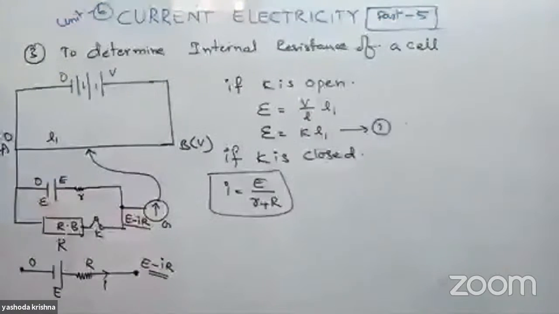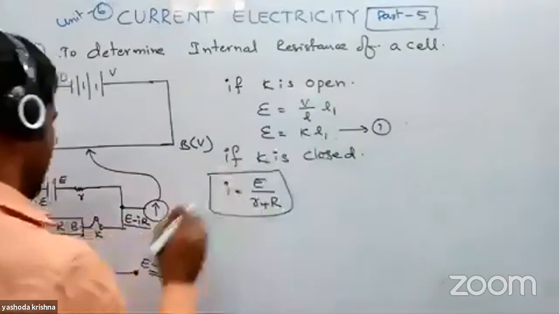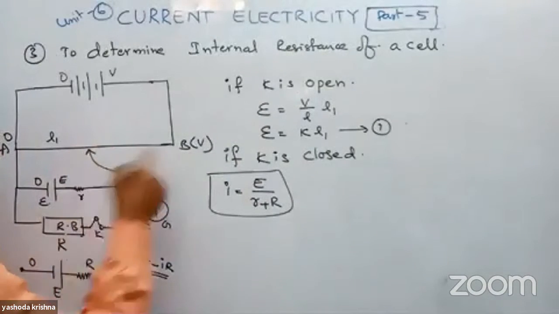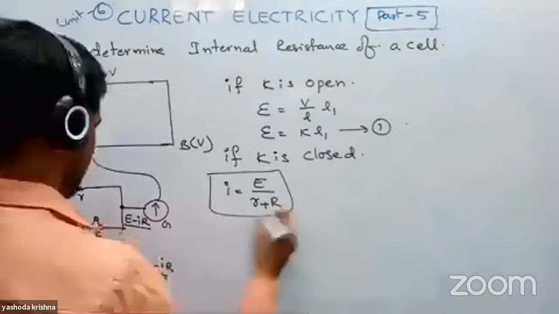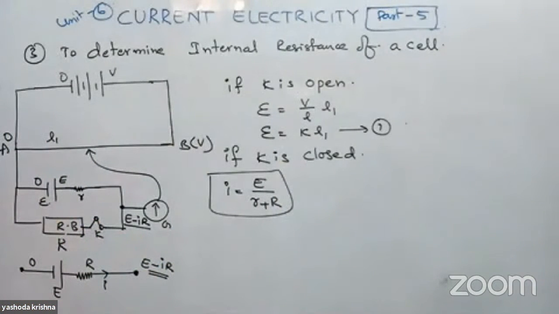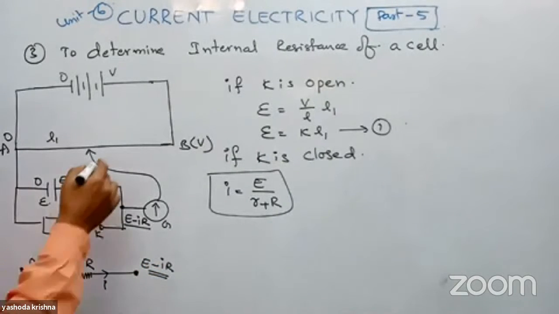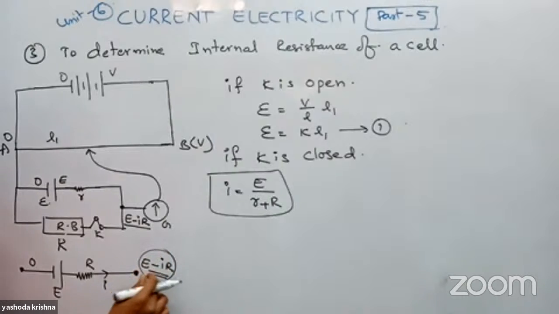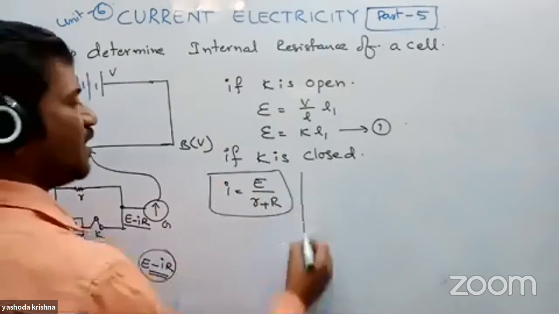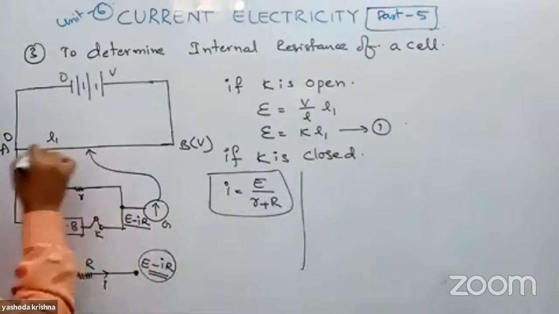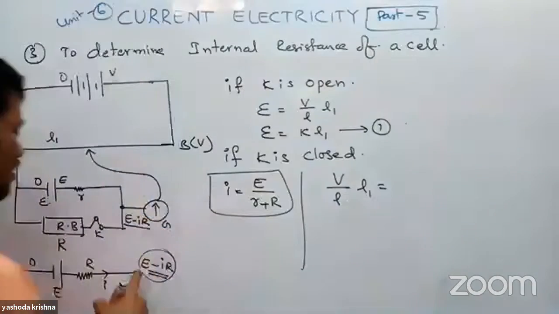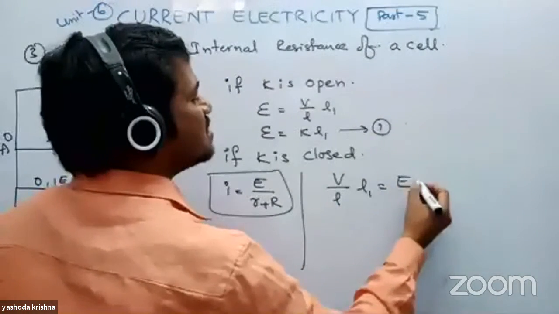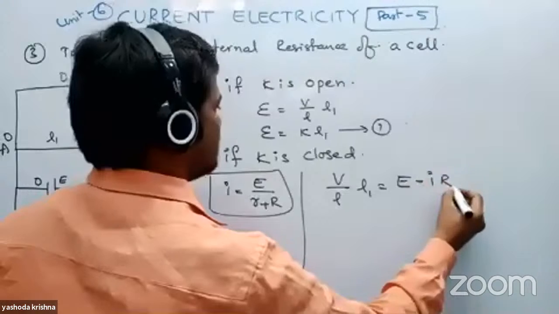Then this total V by L. The total potential drop is E minus Ir. So V by L into L1 is equal to E minus Ir. If K is closed, for L2, the potential drop is V by L into L2, and at this point it is E minus Ir.